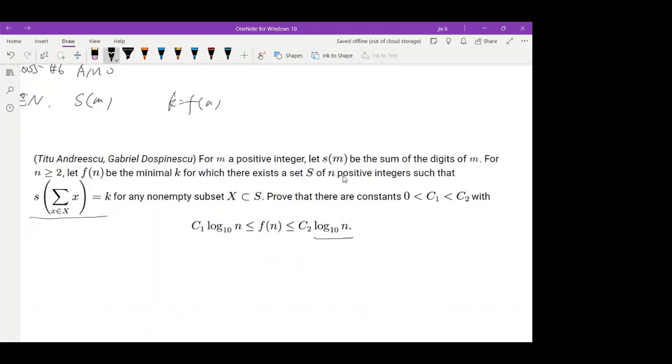So let's think about it. We wanted the digit sums all the same. And then you notice in simple smaller cases like 9, 18, 27, etc., all the way to 81, 90, the digit sum is 9.